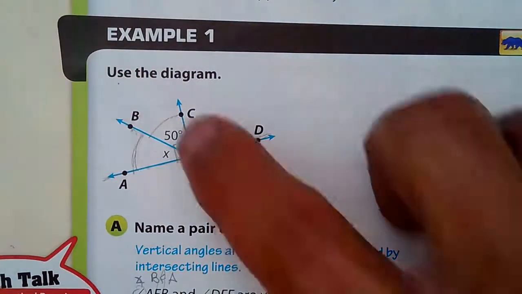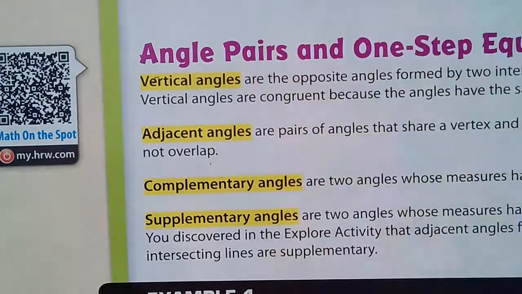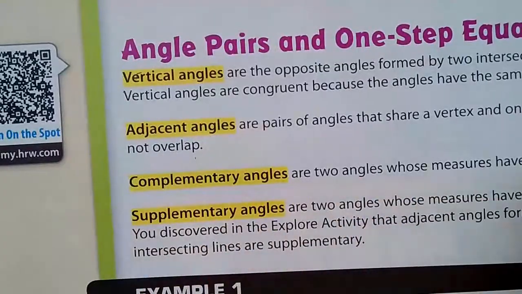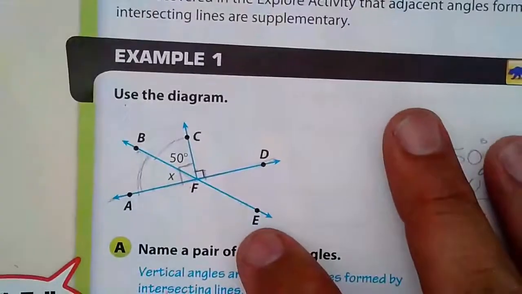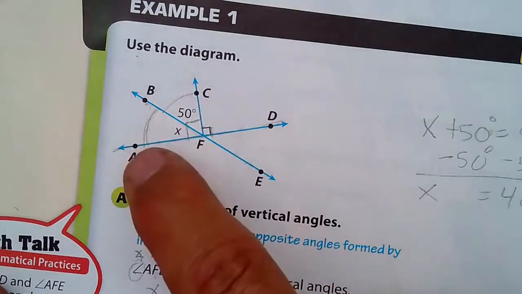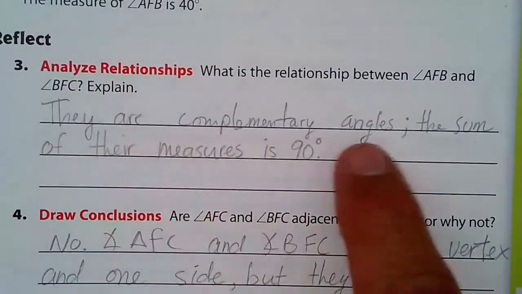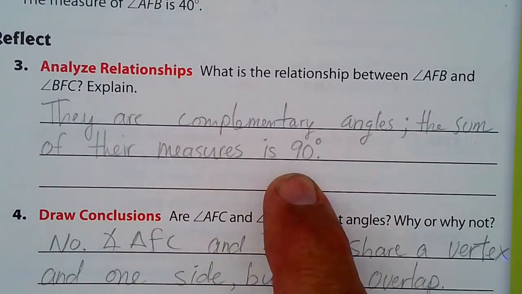And when we're talking about what's the relationship, we're talking about what kind of angles they are from this list here. And it looks like we're talking about complementary angles because their sum is 90. Remember, this whole thing is 90. So you have this angle plus this angle, and together that travels all the way to 90 degrees. So they are complementary angles. The sum of their measures is 90 degrees.